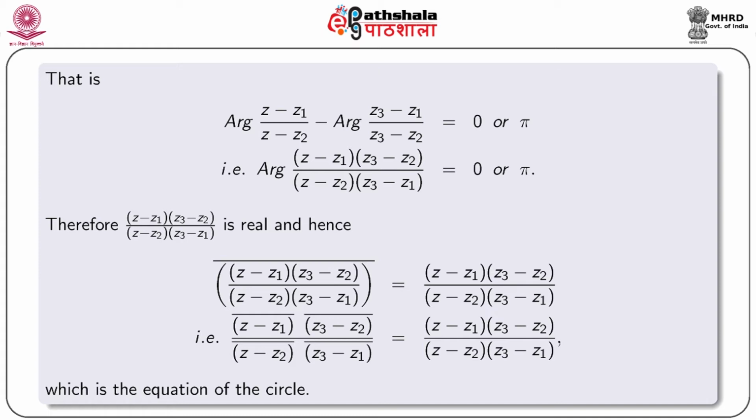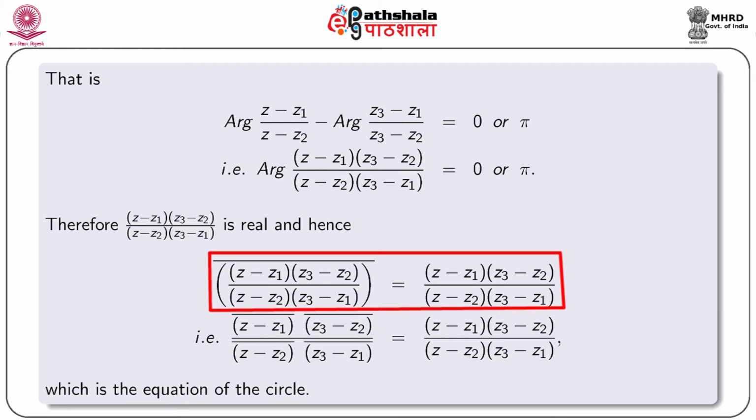And we know that if z is purely real, then z is equal to z bar. So, from this we can say that the conjugate of (z minus z1) into (z3 minus z2) divided by (z minus z2) into (z3 minus z1) is equal to (z minus z1) into (z3 minus z2) by (z minus z2) into (z3 minus z1).